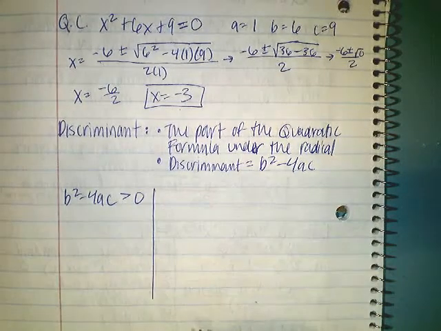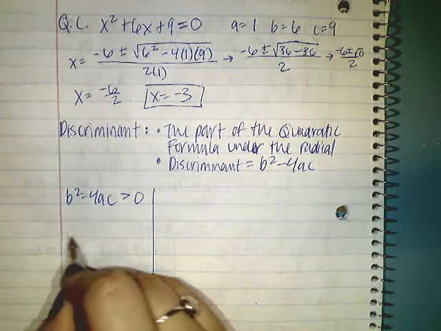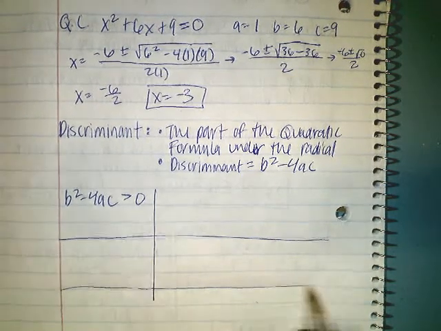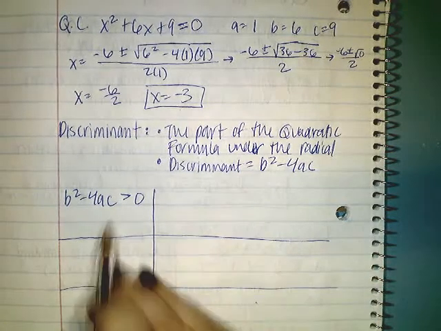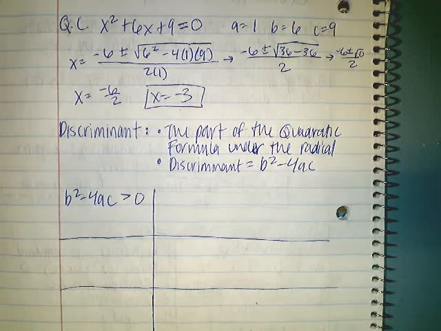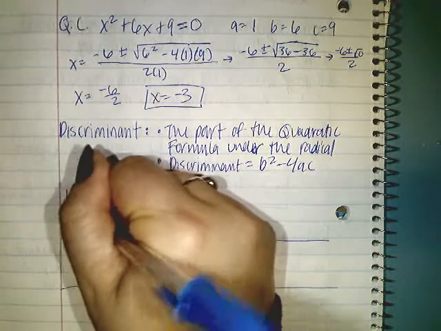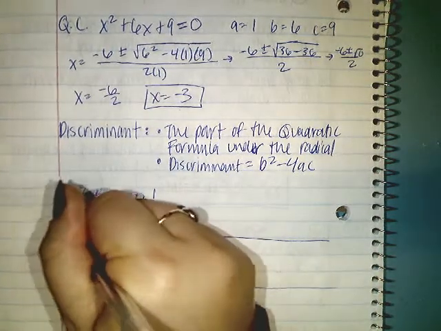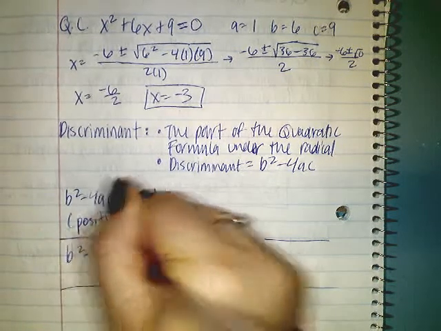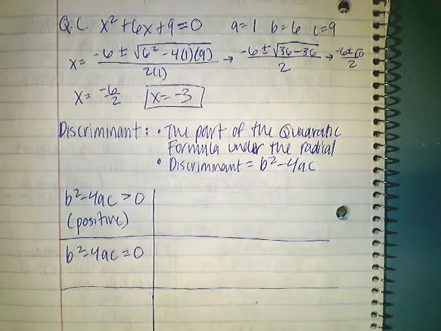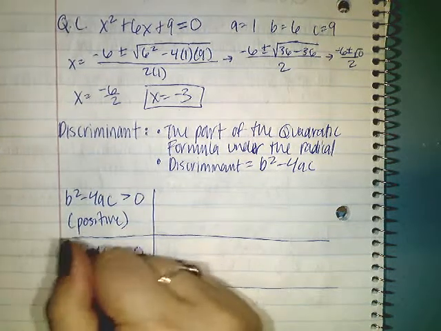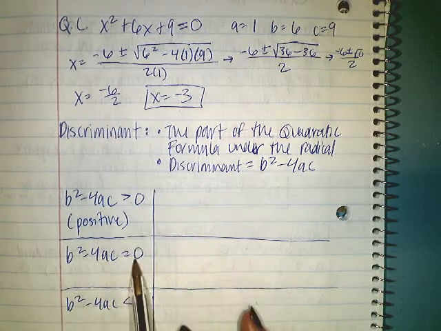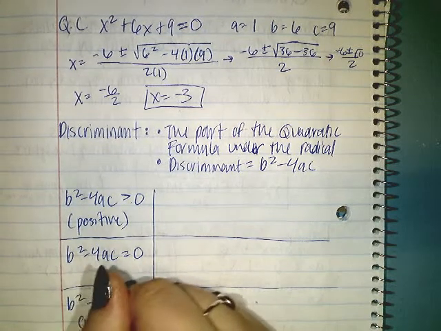I'm going to make a little table with these values, so I'm just going to have about 3 lines. Bear with me. So our three options are: our discriminant is more than 0, it's positive; it could be equal to 0; or it could be less than 0, which would mean it is negative.